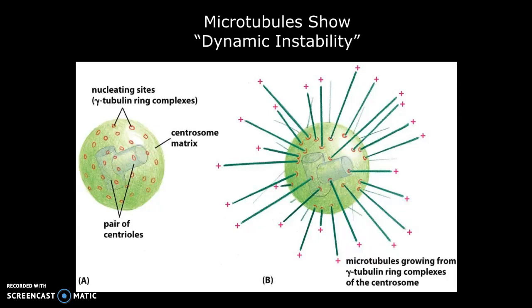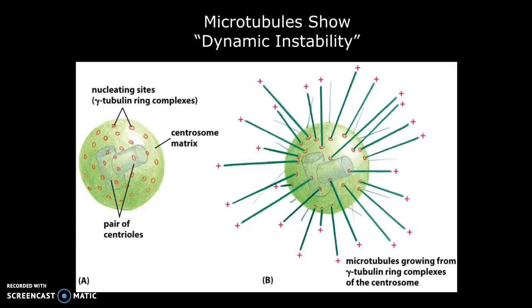And at the minus end, there's another different kind of tubulin called gamma tubulin. And gamma tubulin is all studded into the centrosome matrix. And so it forms this ring complex from which the microtubules can grow. And so that's the dynamics of microtubules.